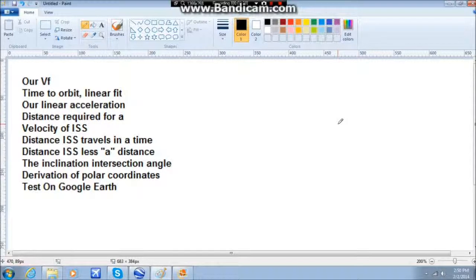We basically have to take off and climb to the 60 kilometers that we go to, at 7,600 meters per second. We're going to call 7,600 meters per second the quantity VF, and we're going to set it equal to that.